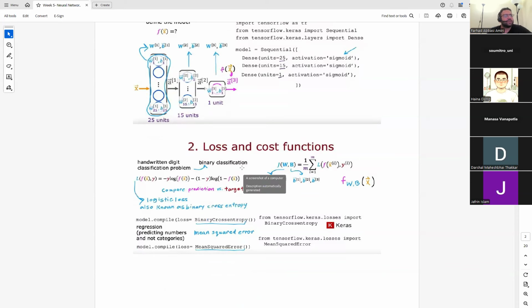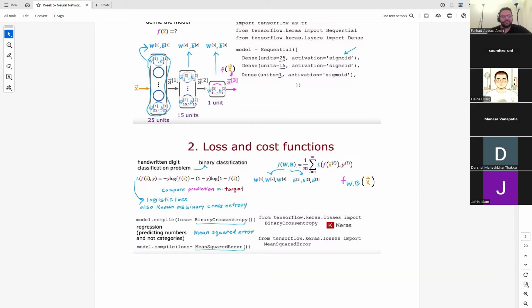And about logistic regression, you remember this was the loss function for logistic regression. L of f(x) and y was equal to minus y log of f minus (1 minus y) log of (1 minus f(x)). And then we use this loss function and get the average of it.